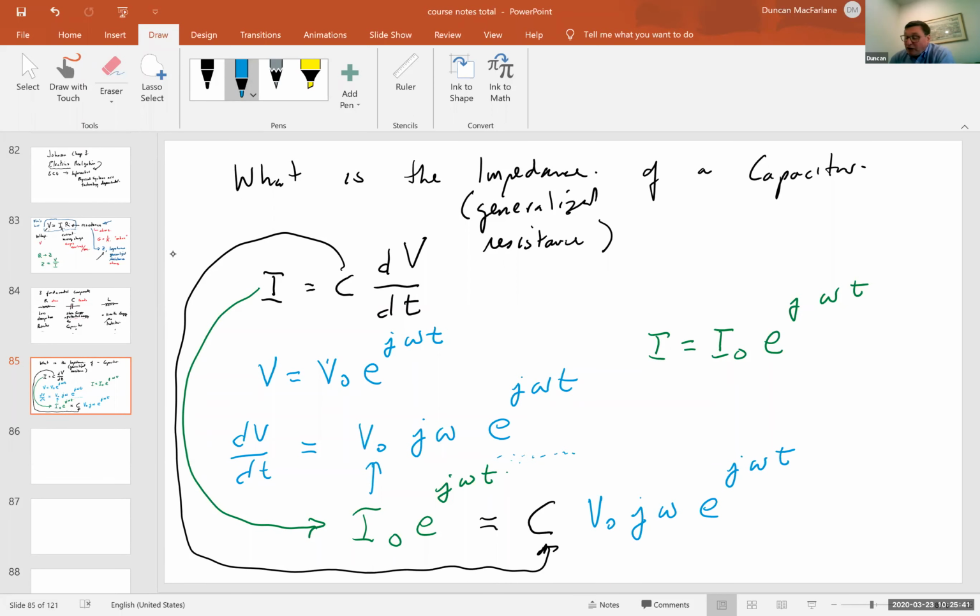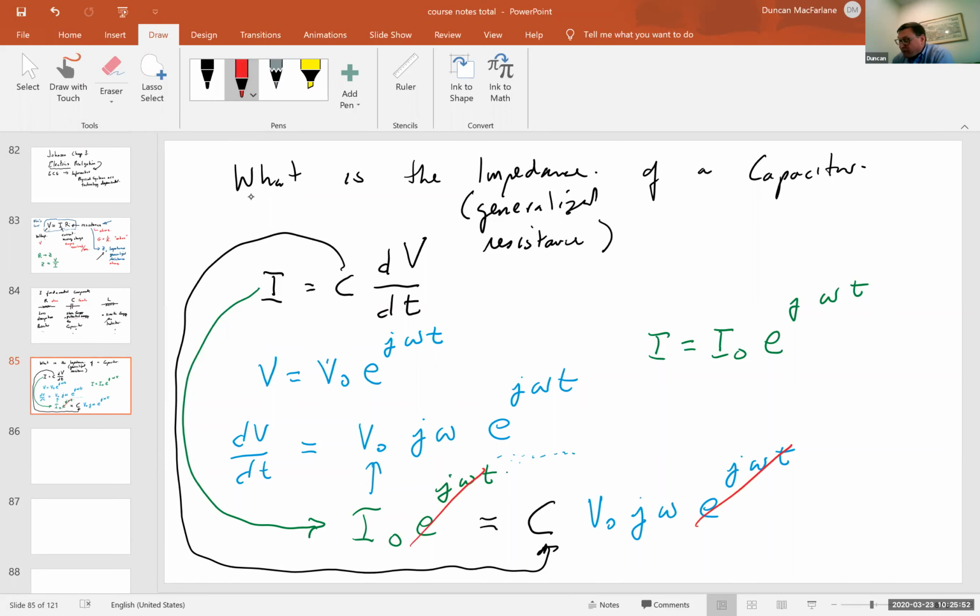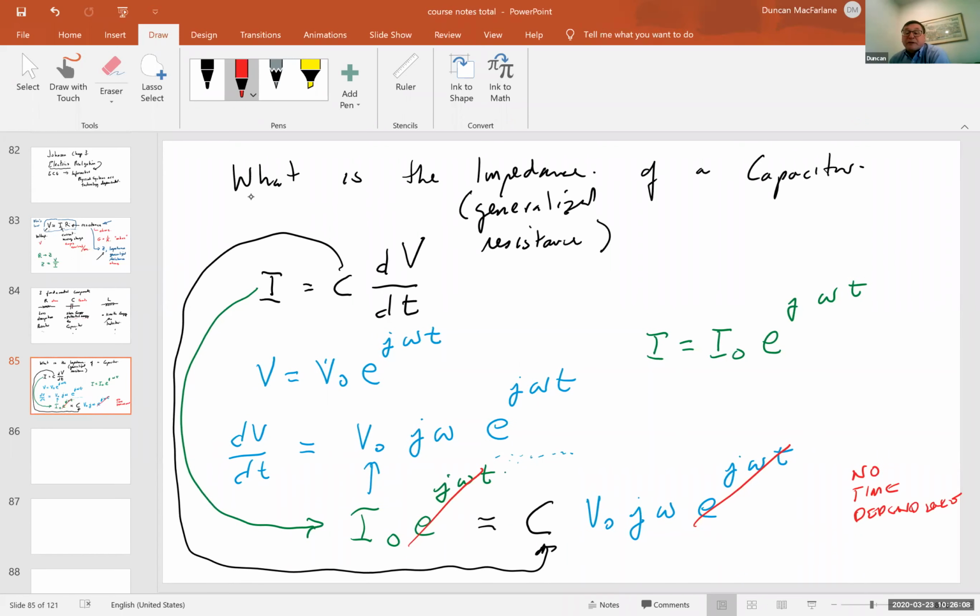And the first thing you know is that we have an e to the j omega t on the left-hand side, we have an e to the j omega t on the right-hand side. The time dependence cancels. So there's now no time dependence left in our equation.